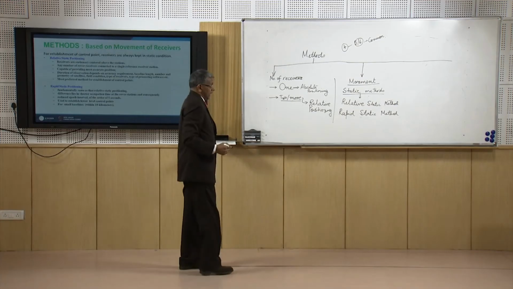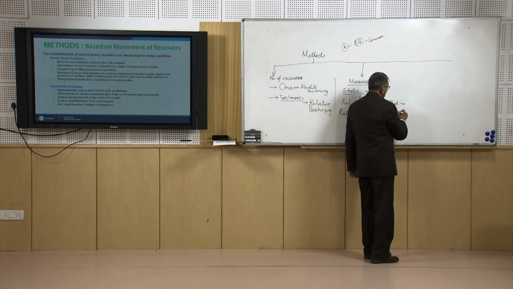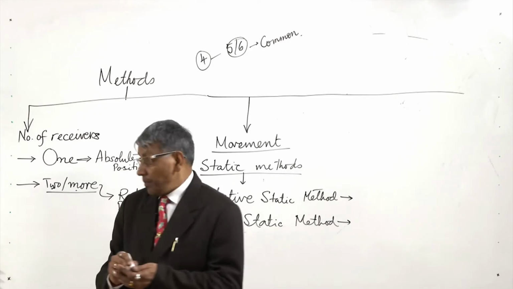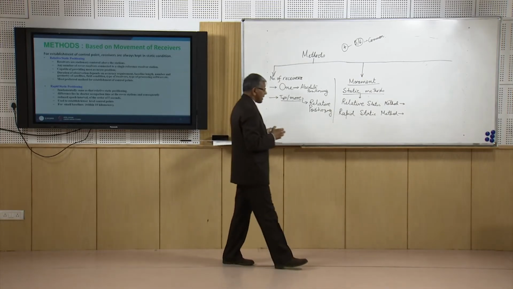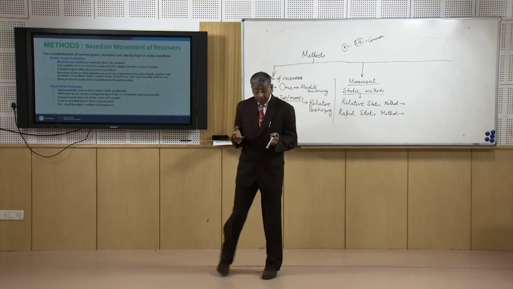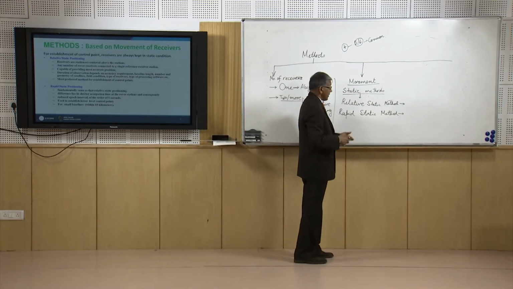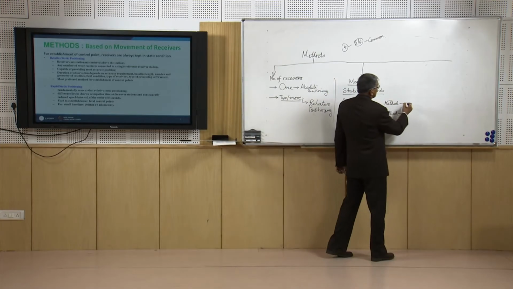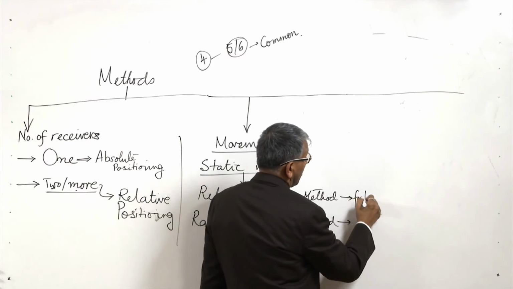Now what is relative static, what is the difference? Fundamentally, relative static and rapid static methods are the same. The only difference between these two is that the relative static method is for longer duration.